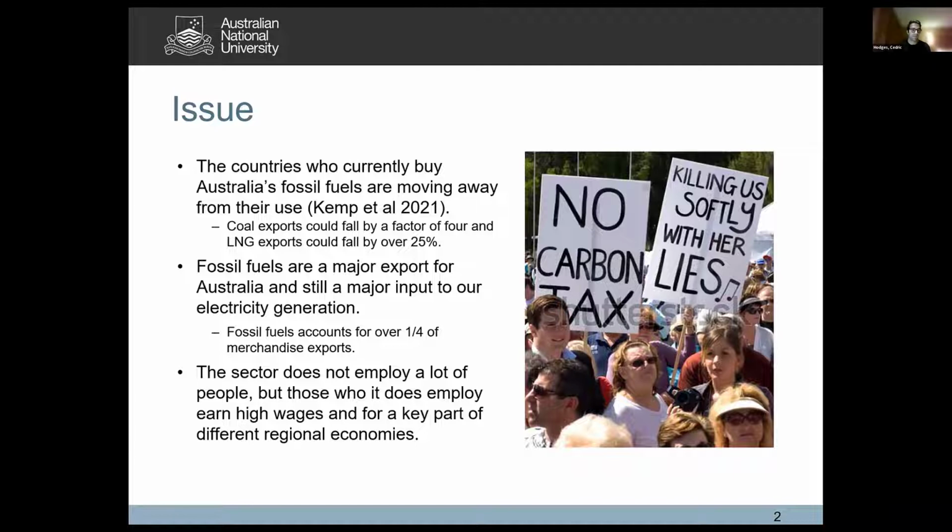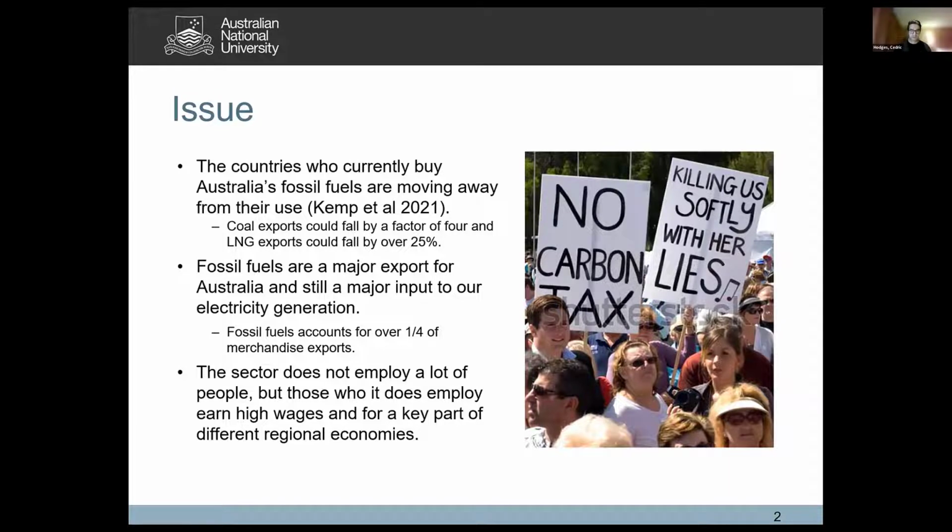And according to a recent article by our Reserve Bank, having looked at all the stated policies and agreements from our major export destinations, it looks like coal exports could fall by a factor of 4 over the long run to 2050. And depending on the scenario they were looking at, LNG exports could fall by about 25%.